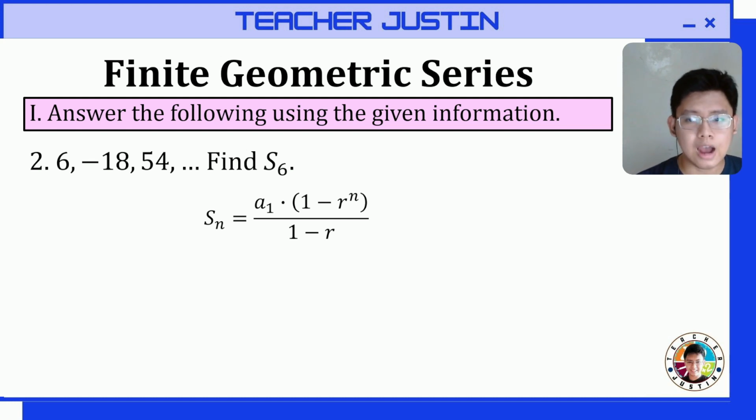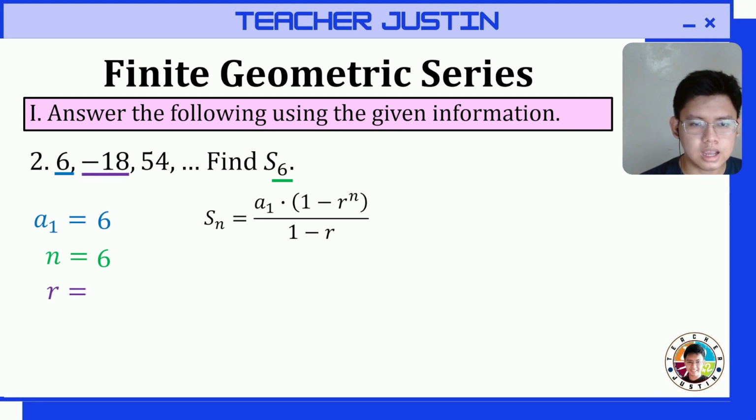Then, let's get our givens. Our first term is 6. Our number of terms is 6. Then, our common ratio, we will get that by dividing negative 18, the second term, by the first term. So, negative 18 divided by 6 will be equal to negative 3.